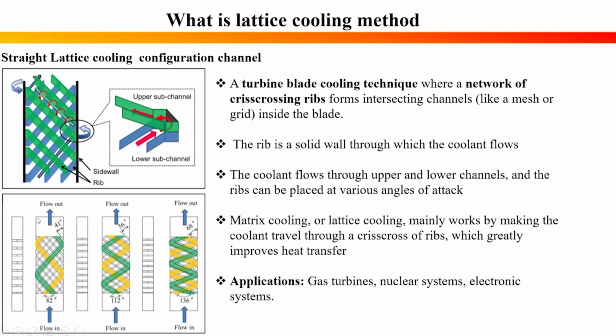And here you can see the straight channel and how we can simulate it at various angles. Right now the inlet flow angle is 136 degrees and the outlet flow angle is 68 degrees. Similarly, you can change the angle of attack and angle of incidence to optimize the heat transfer area and get the results.